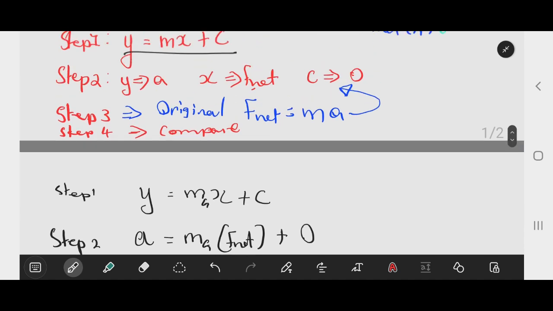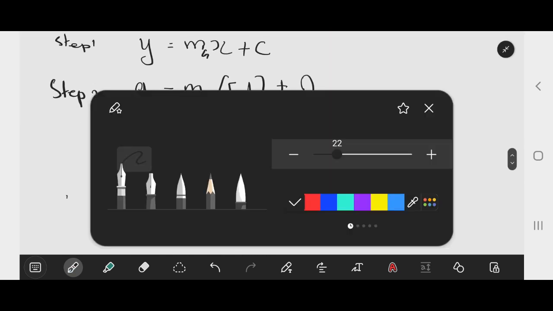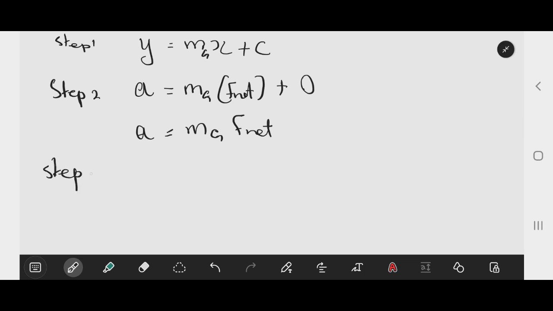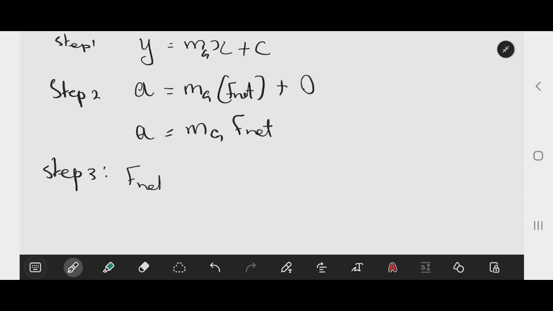Okay? And in step number 3, I manipulate the original formula in such a way that it looks like the formula in step number 2. So what is my original formula? Looking at the original formula, I have F net equals MA, and I have to manipulate this in such a way that it looks like that.